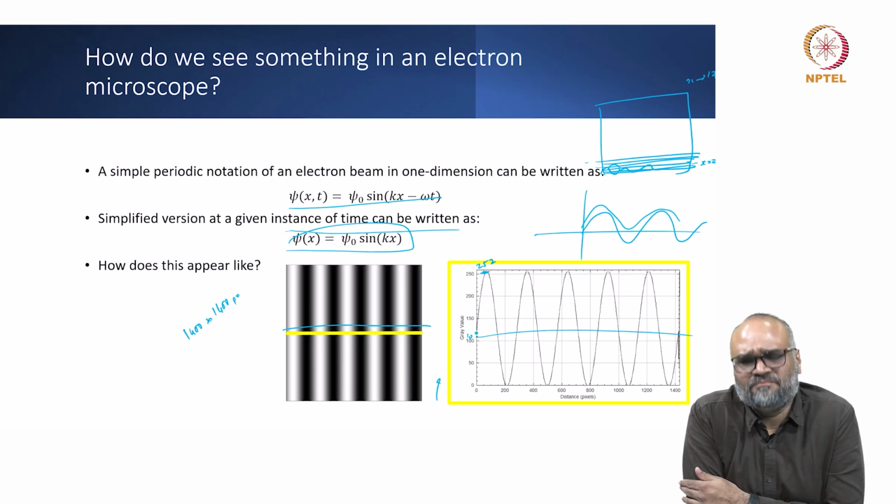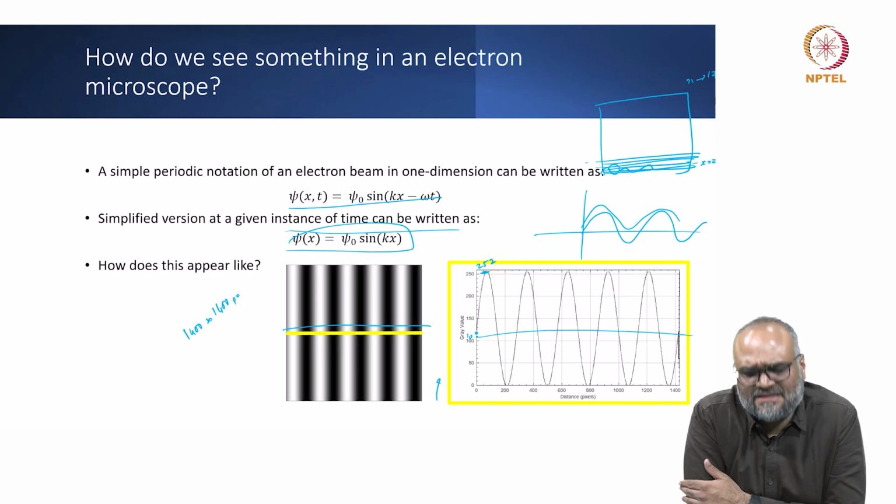So essentially, what you have here is a band of fringes, the way you see from a double slit experiment, and this has a periodic or a sinusoidal waveform.